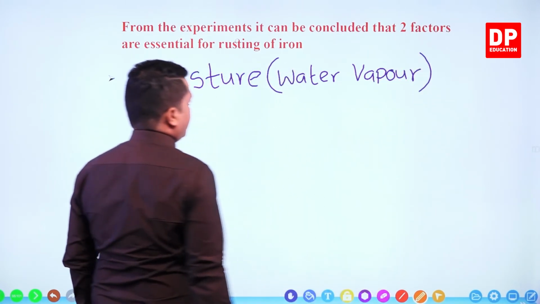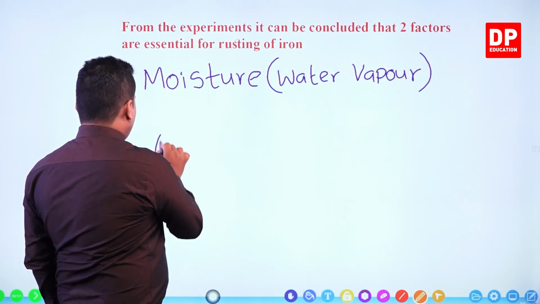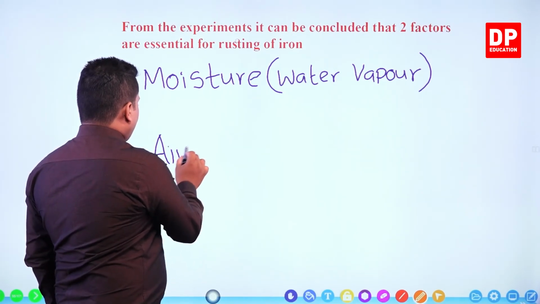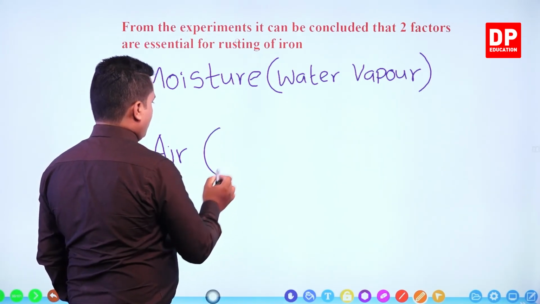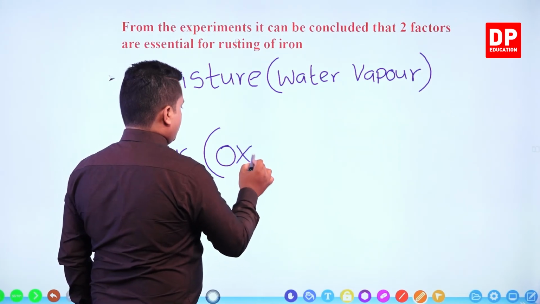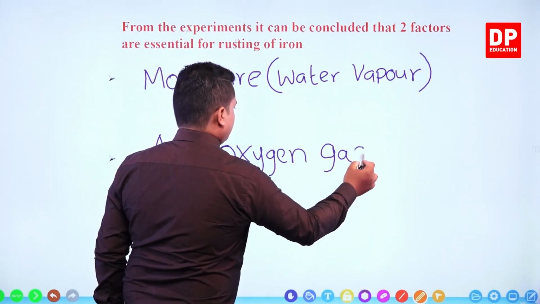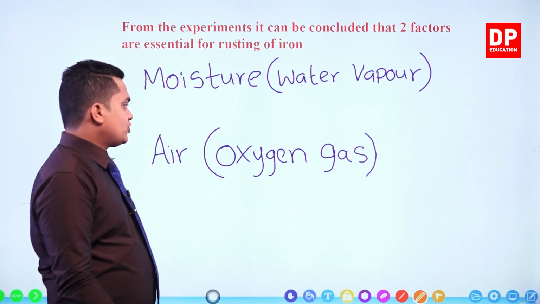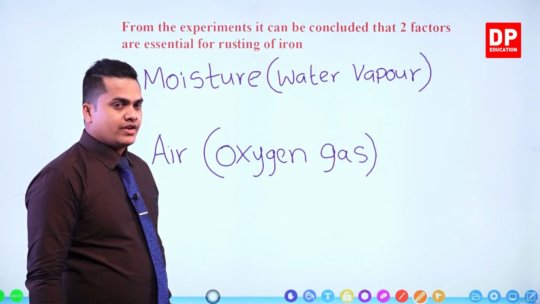Moisture or water vapor. This is the first one. And the second factor is air, right? Instead of air, I'll put within brackets oxygen. So these are the 2 main factors which are essential for the rusting of iron.